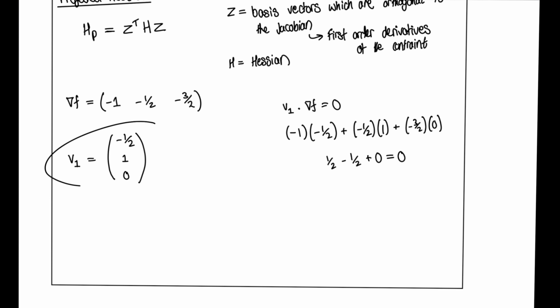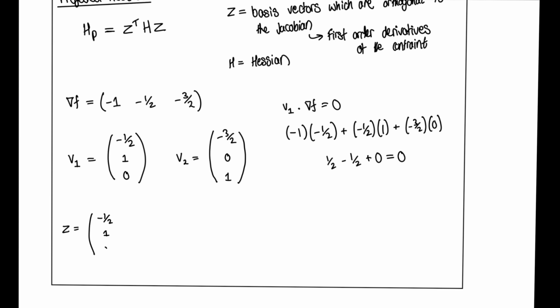So when we dot this vector with this, I should say the transpose of that, we get 0, hence they're orthogonal. If we now get another vector, we could have -3/2, 0, and 1. So now, if I form this matrix Z, we have -1/2, 1, 0. So this just takes the form of v1 in this column and then v2 in the next column.